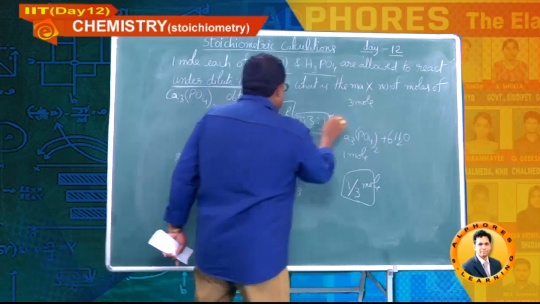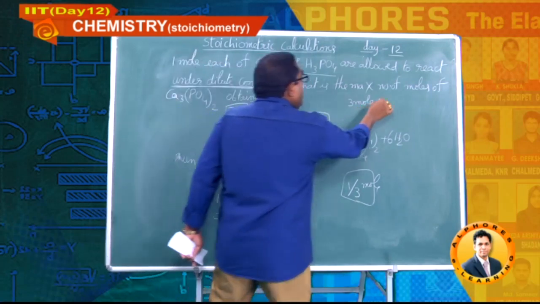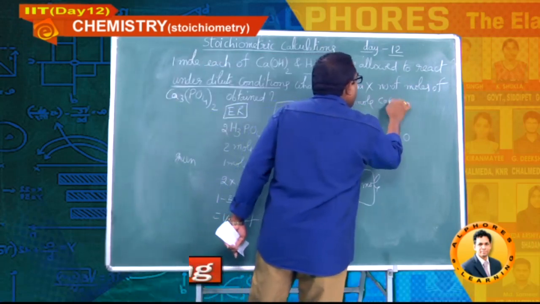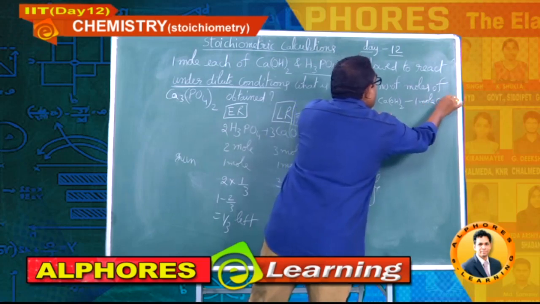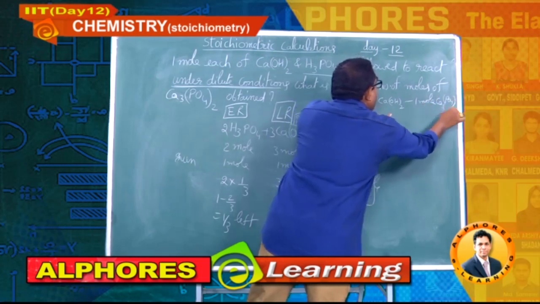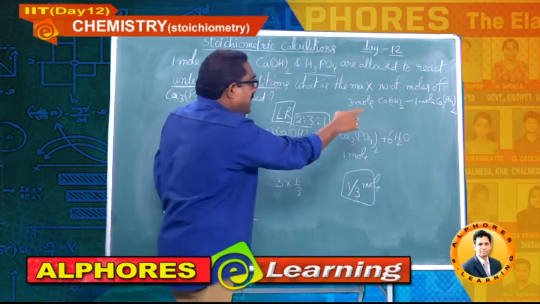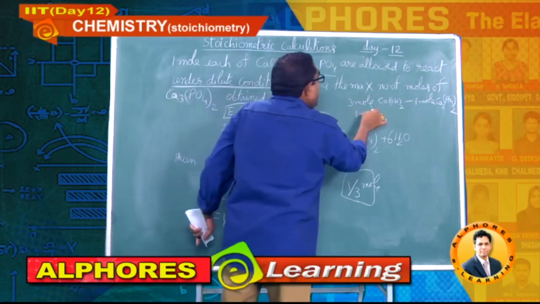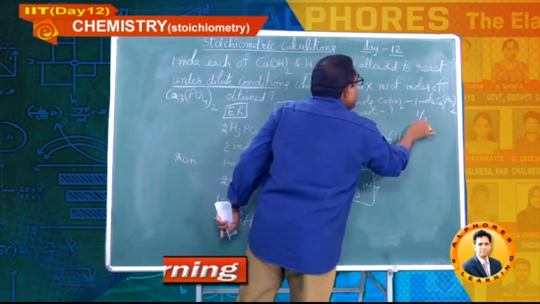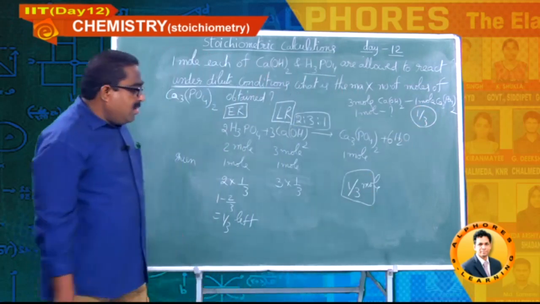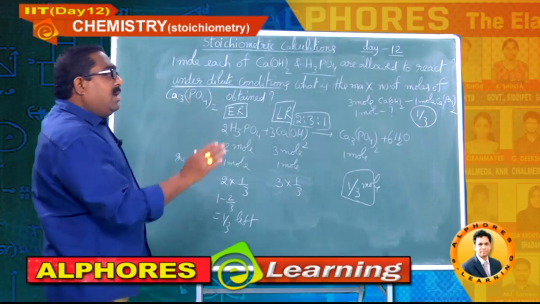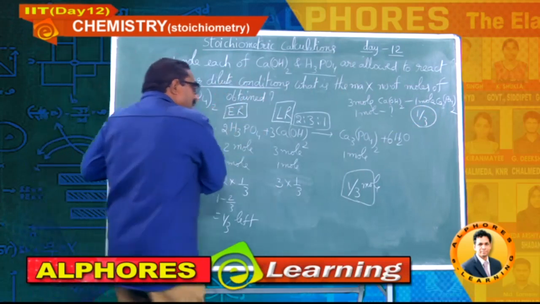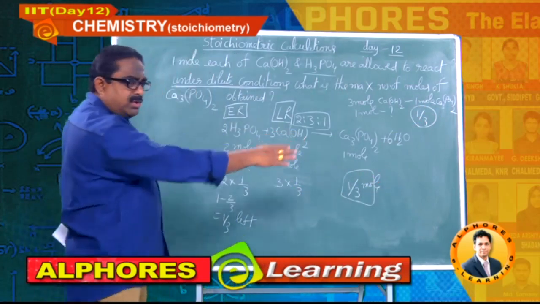Based on the stoichiometry, 3 moles calcium hydroxide gives 1 mole calcium phosphate. Write down, students, 1 mole calcium phosphate. But this time he has given only 1 mole. So what is our answer? 1 by 3. So once you are able to decide the limiting reagent, immediately you can go as per that, or simply as per the logical approach.